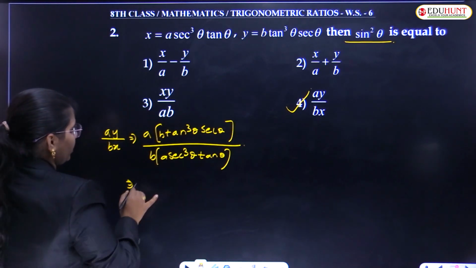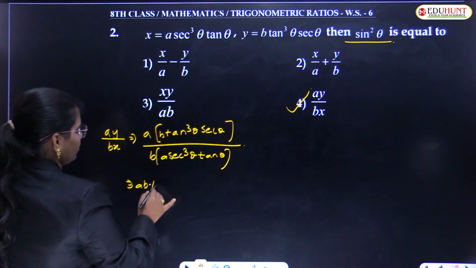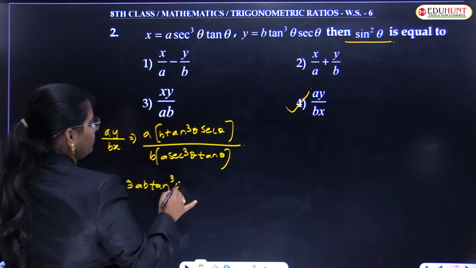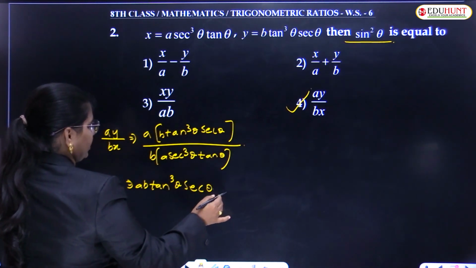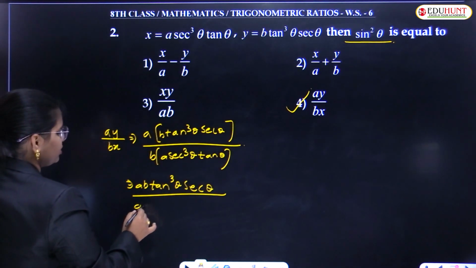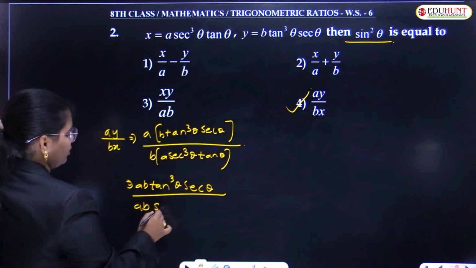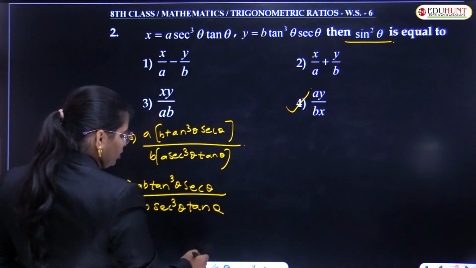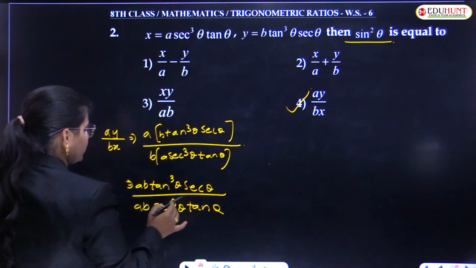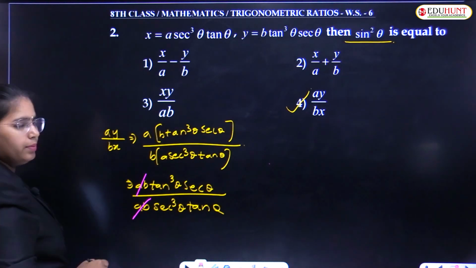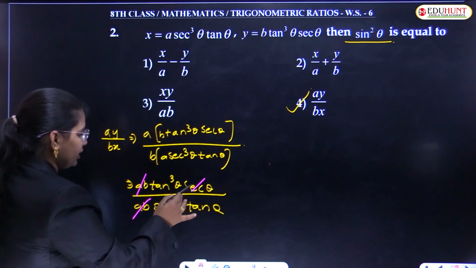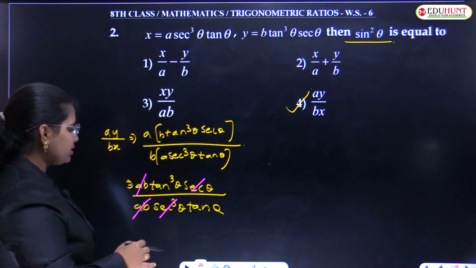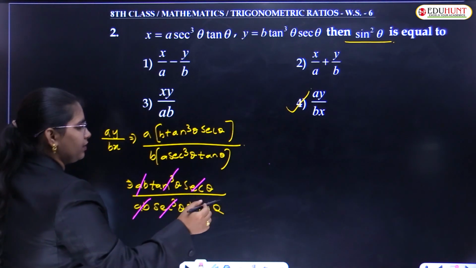So a into b is ab tan cube theta secant theta. This is also b into a, again ab secant cube theta tan theta. So there are many terms which are getting cancelled. ab and ab will become cancelled. Secant theta, secant cube theta will become cancelled. Tan cube theta, tan theta will get cancelled.